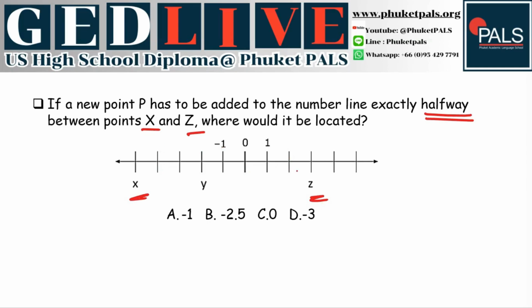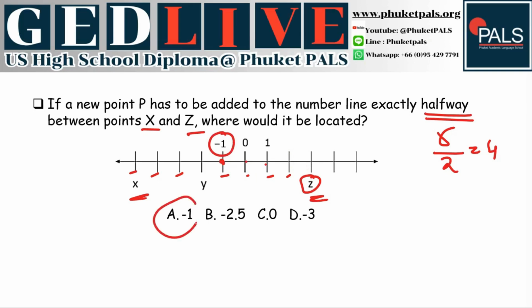Okay, so I'm going to choose Z here, counting from there 1, 2, 3, 4, 5, 6, 7, 8. So 8 by 2, right? Halfway you have to find, that is 8 by 2, and that is equal to 4. So 4, you have to count again 4 from Z. 1, 2, 3, 4. So where is exactly 4 coming? Minus 1. So the answer here is minus 1.